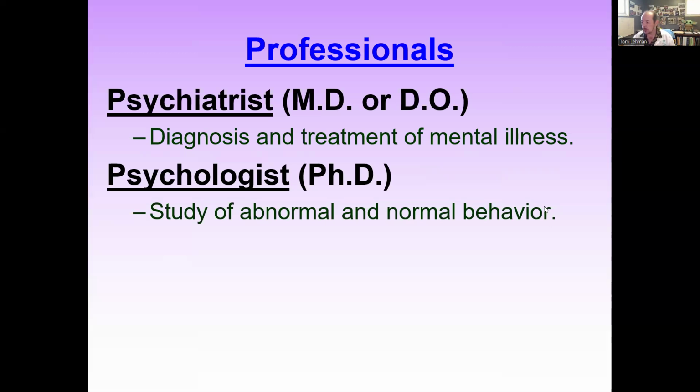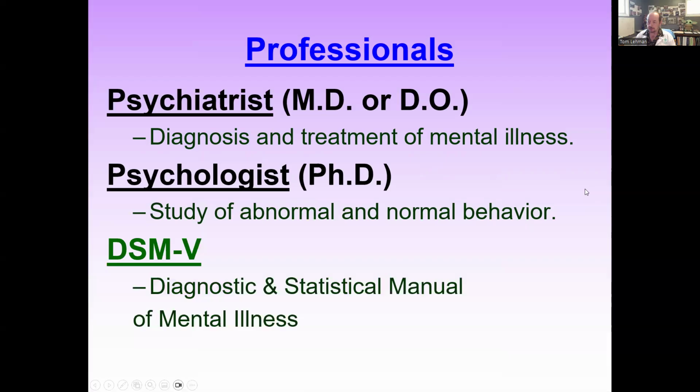The big book that we always refer to is the DSM, the Diagnostic and Statistical Manual of Mental Illness. This is the book that's agreed upon by all the big psychiatry and psychology groups, and they will categorize different disorders into groupings based upon signs, symptoms, treatments, and prognoses.